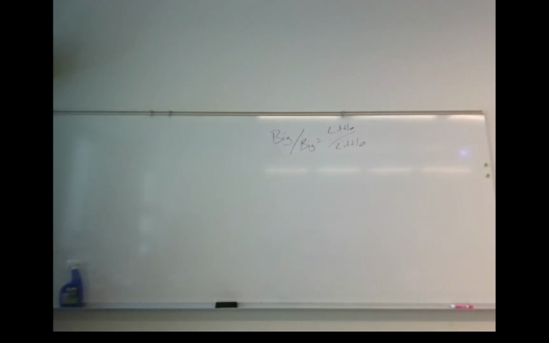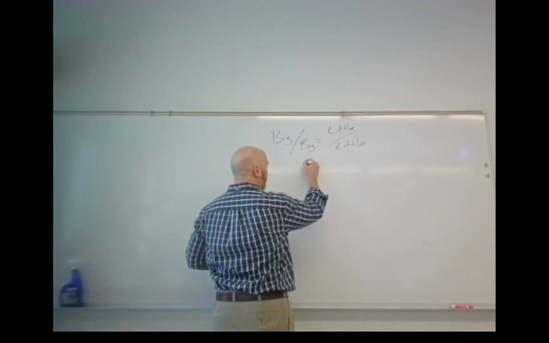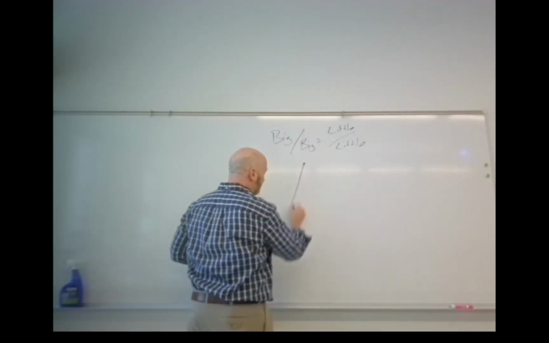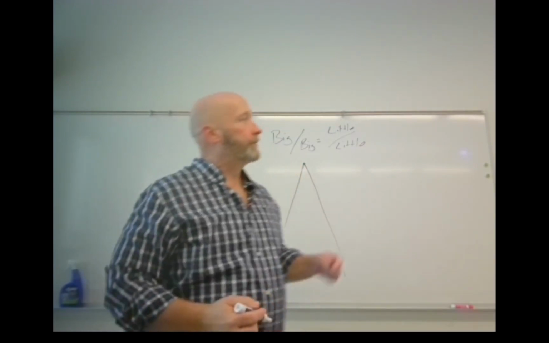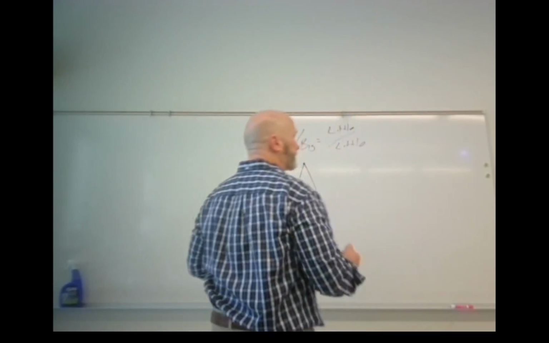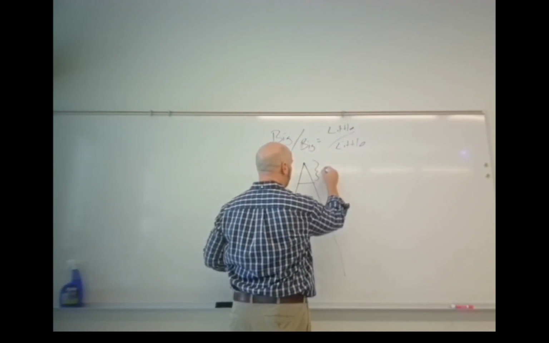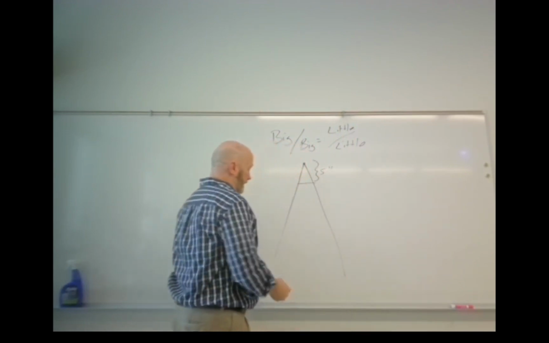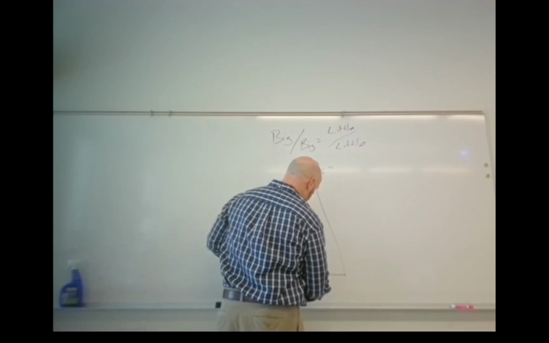It's A over SDD equals C over SID, okay? That's easier to remember. We know that whenever an X-ray beam is created, we go from the source, which is the anode, and it diverges, right? So in our problem, what we've got is a 10x4 diaphragm that's 5 inches below the source. So we've got 5 inches here, okay? This is our projected field size, and we don't know what that is.